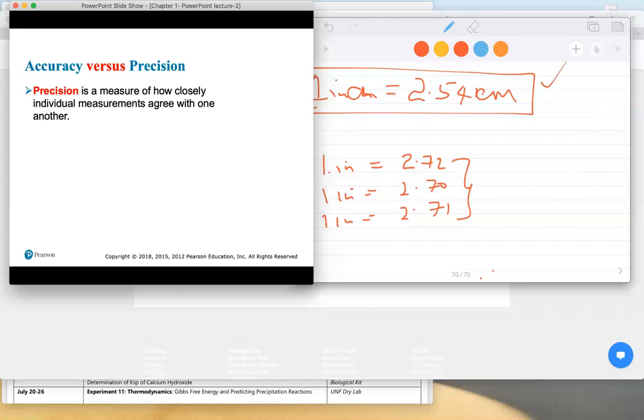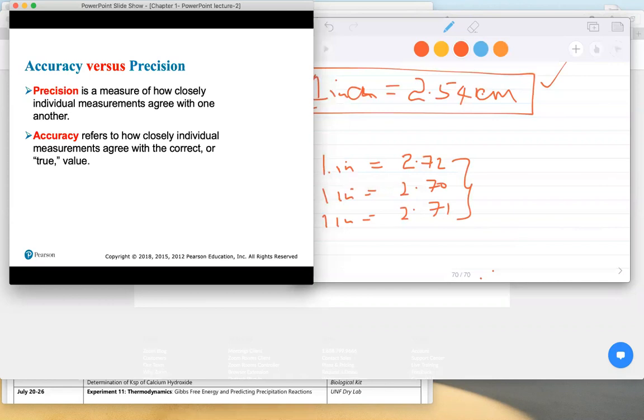This is the literature value. It is way off from the true value, even though they are close to one another, so we say they are precise, how close to one another. Whereas accuracy defines how close individual measurements are to the correct value.